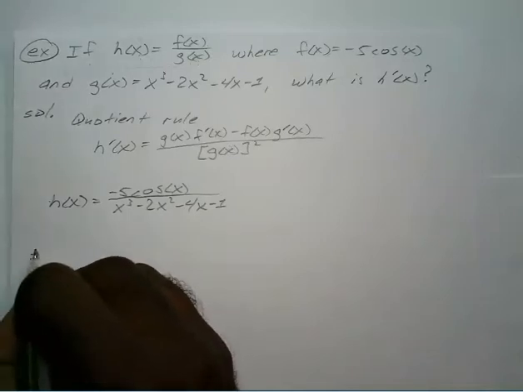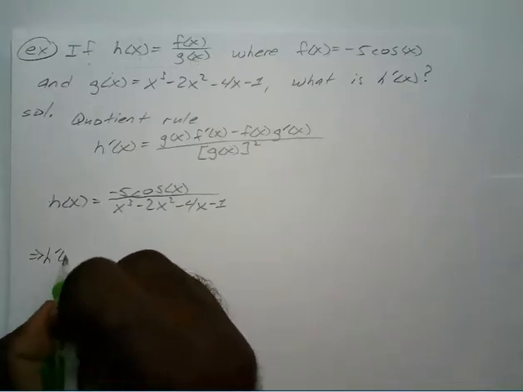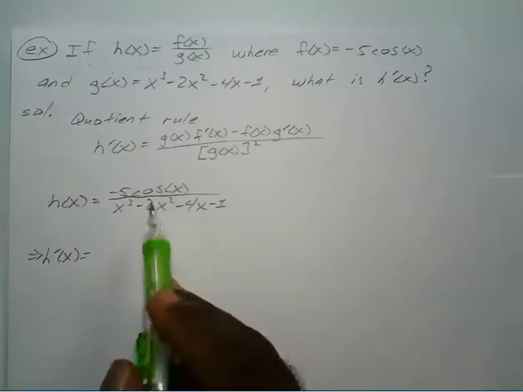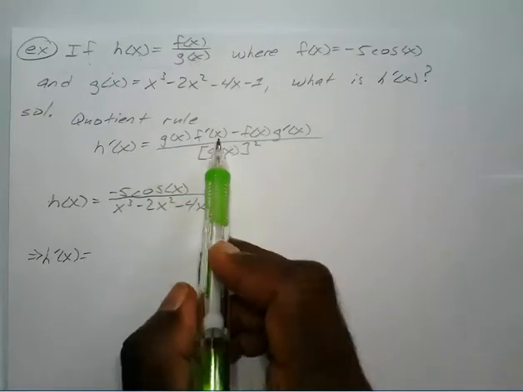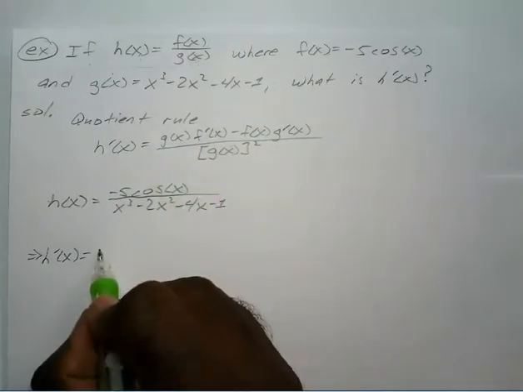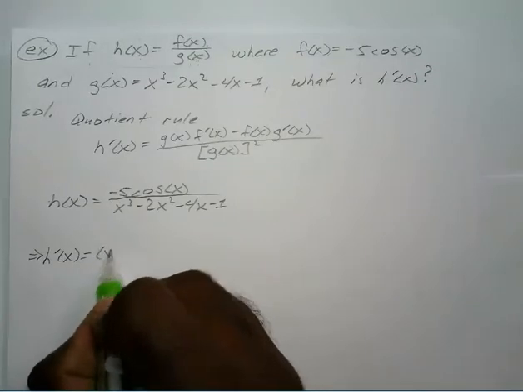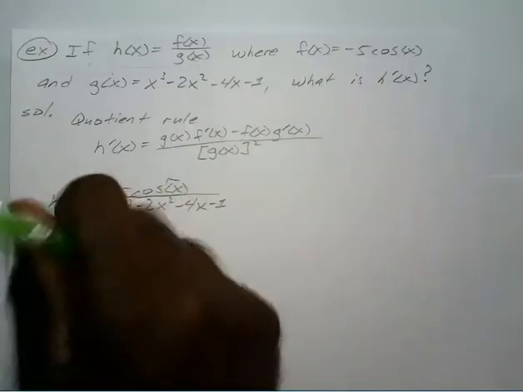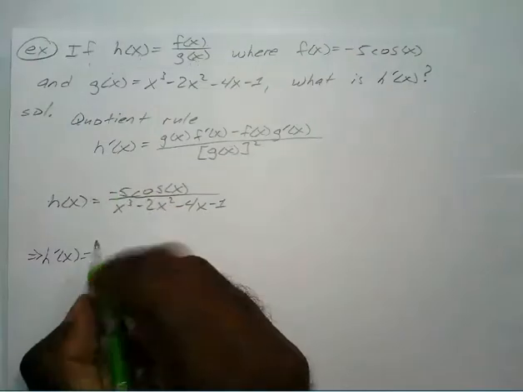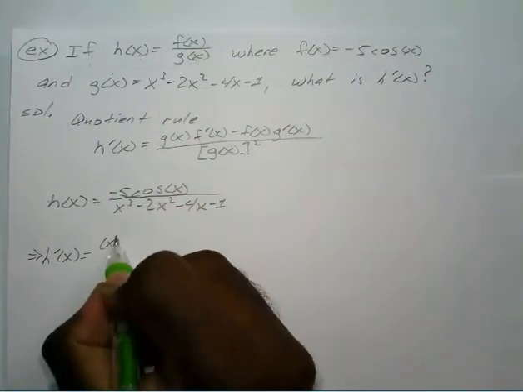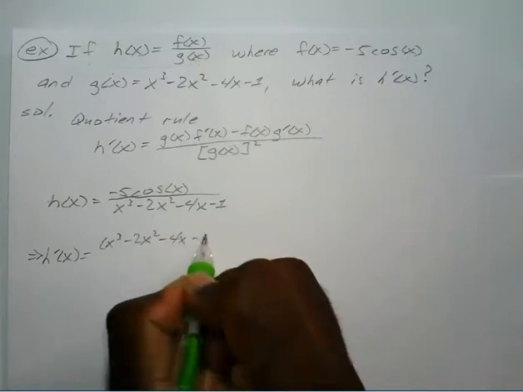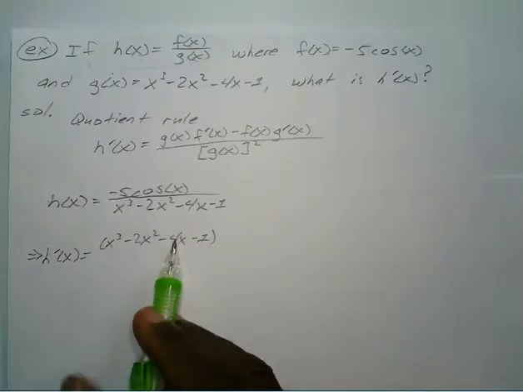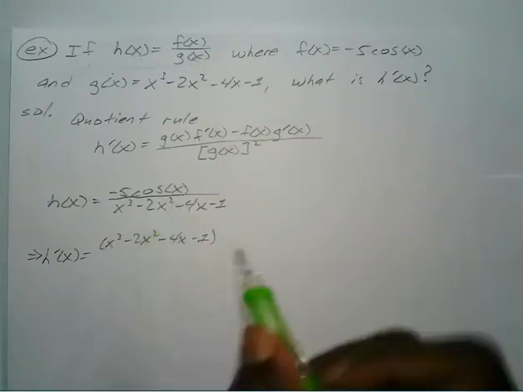Okay, so that means your h prime of x is equal to the denominator. Remember, the denominator times the derivative of the numerator. So the denominator is x to the third minus 2x squared minus 4x minus 1 times the derivative of the numerator.